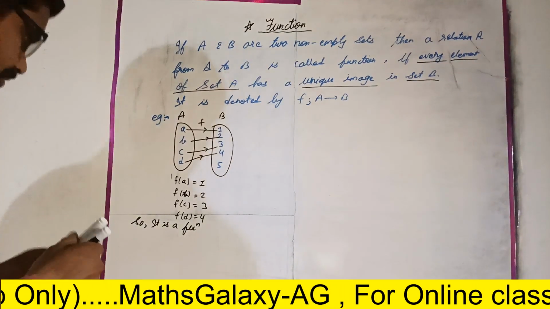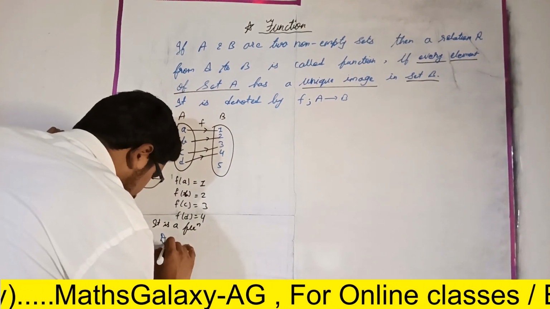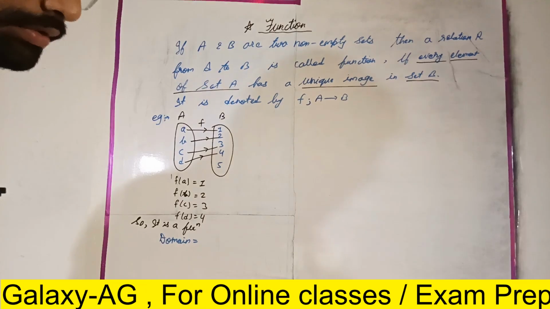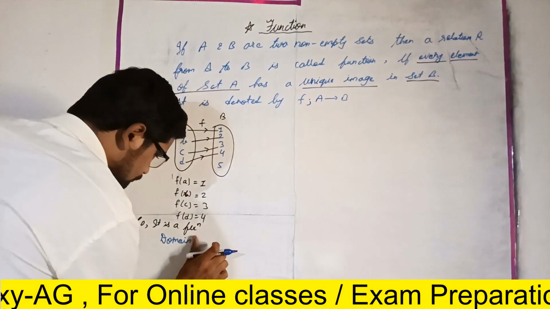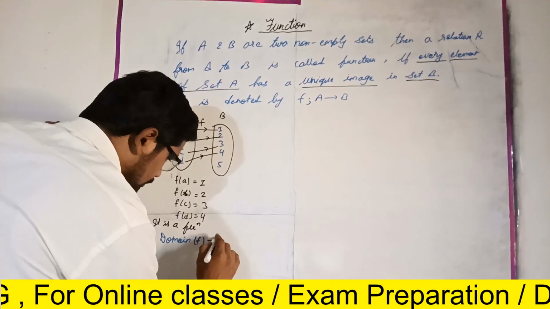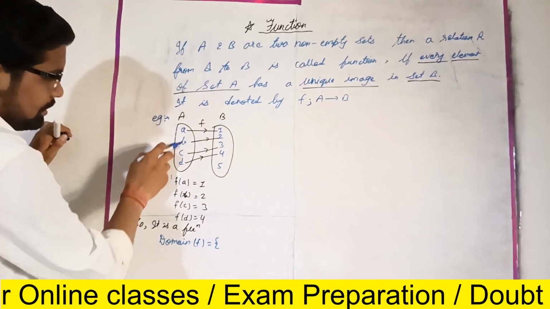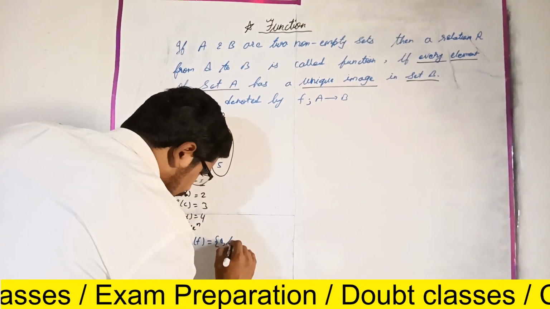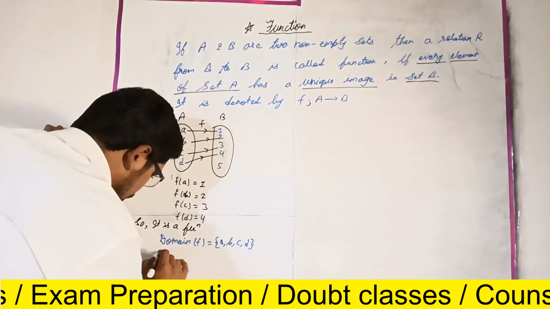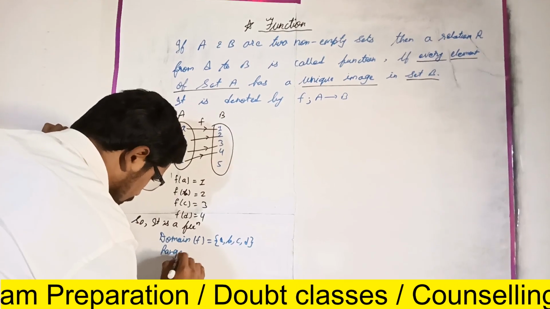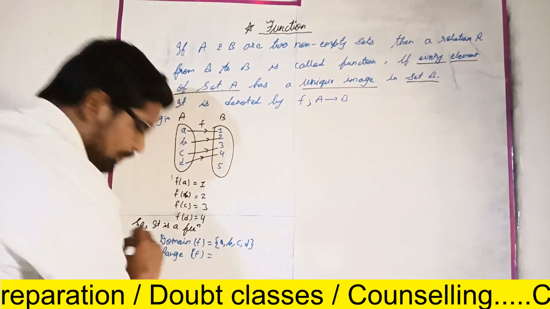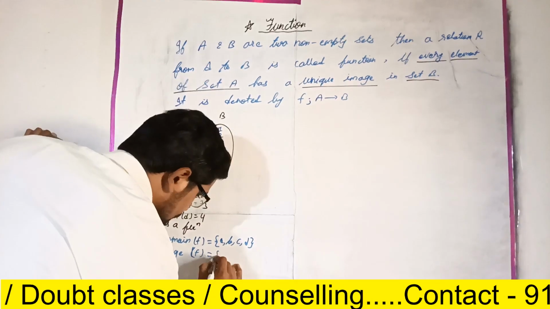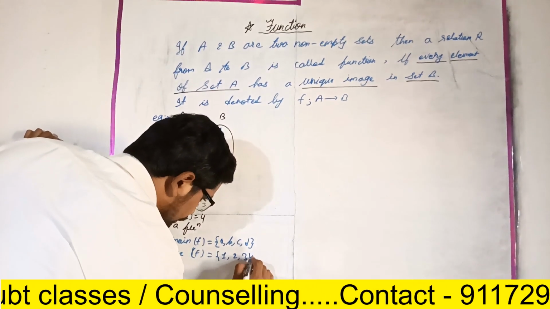Now domain will be, can you please tell me what will be the domain? Domain of f equal to these elements, a, b, c, d. These will be the domain: a, b, c and d. Now range of f will be these elements, 1, 2, 3 and 4.